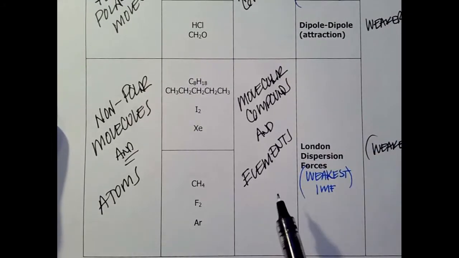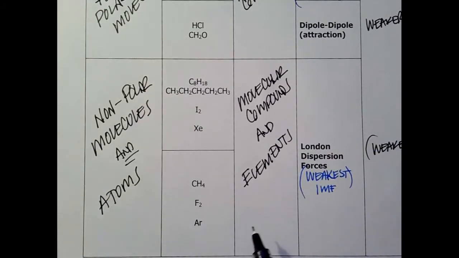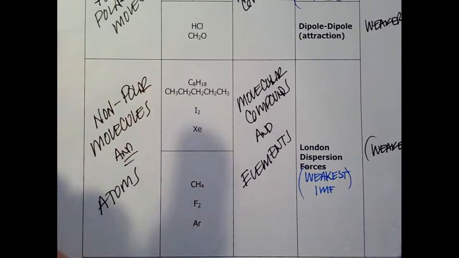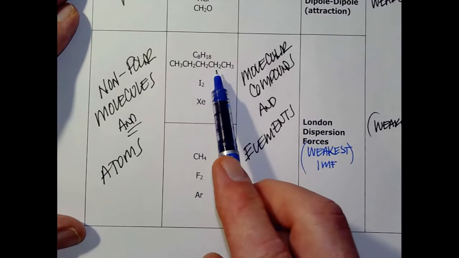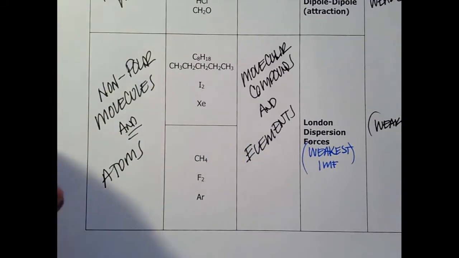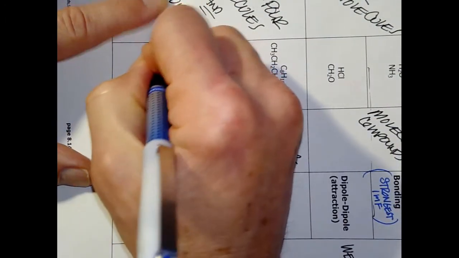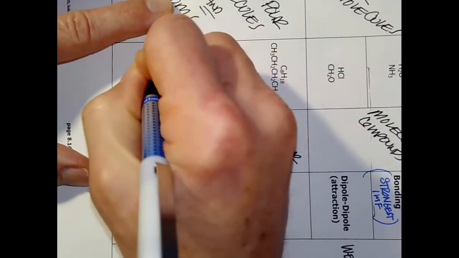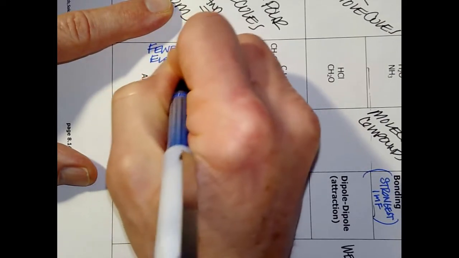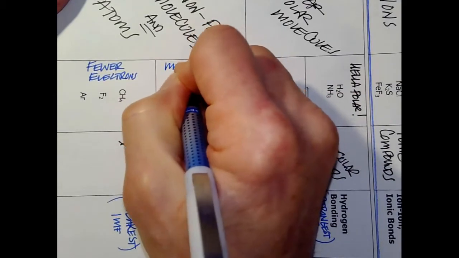Molecular compounds and elements that are nonpolar. And I've said, of this weak London dispersion forces, these are stronger, these are weaker. And really, the trick is, I'm going to turn this sideways: fewer electrons and more electrons.